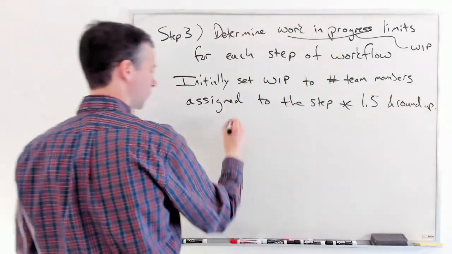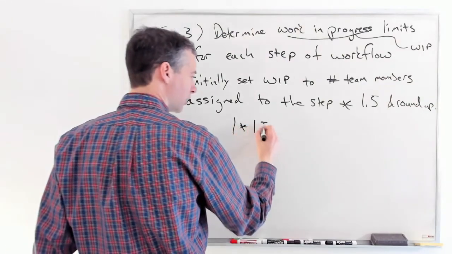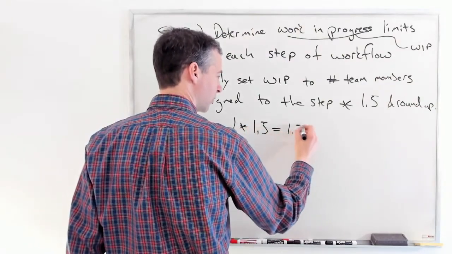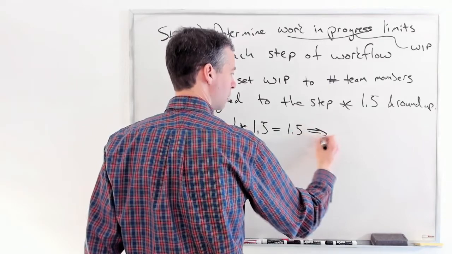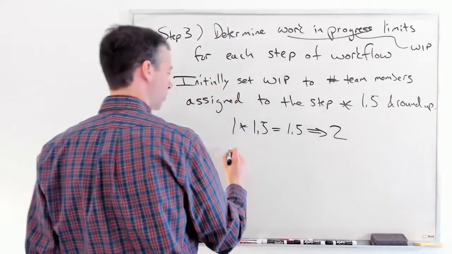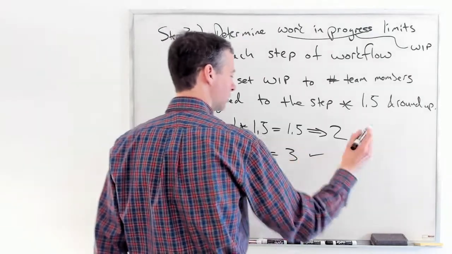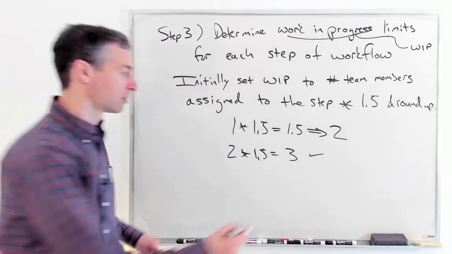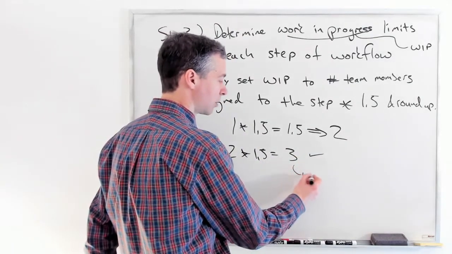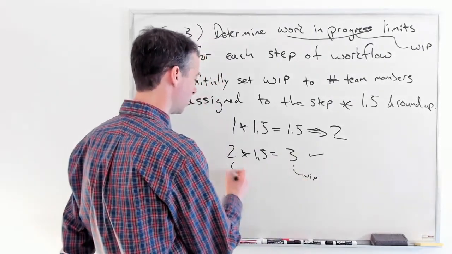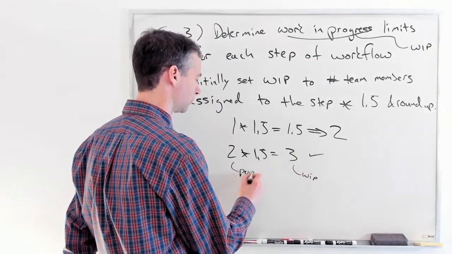So if you've got 1 times 1.5, that's equal to 1.5, which takes you to 2 when you round it up. 2 times 1.5 is 3. You don't need to round it up. Okay, so these are the work in progress limits for 2 people.